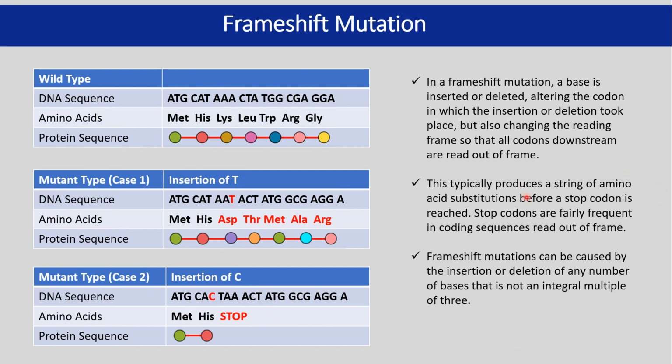So these frame shift mutations are definitely one of the reasons for many of the diseases. So the pre-termination of the protein synthesis, or the protein formed is a very truncated version, or a very small protein, so that it is not able to give the function of the wild protein.